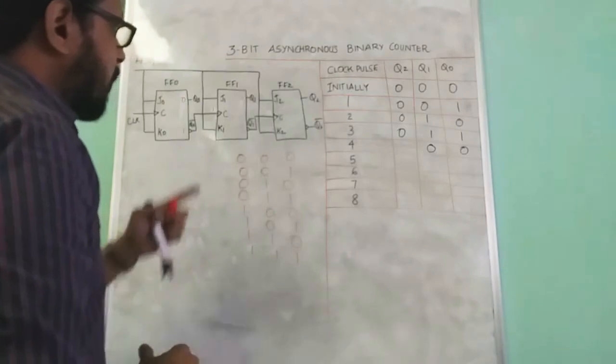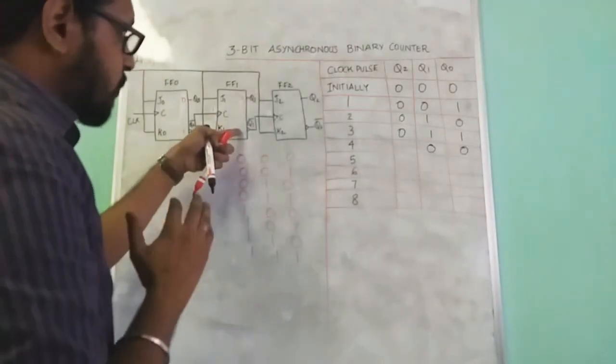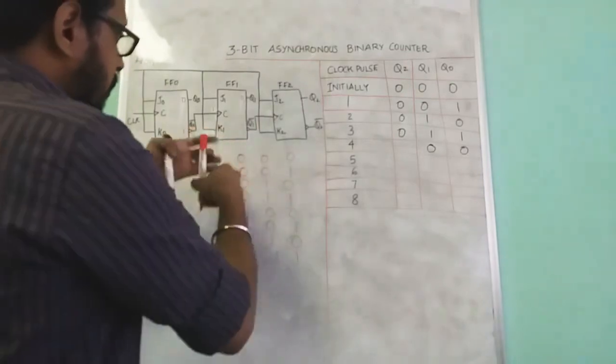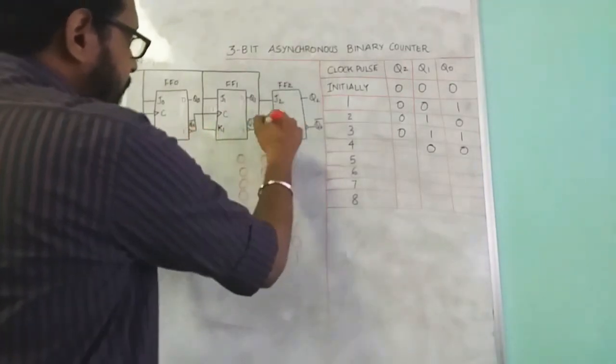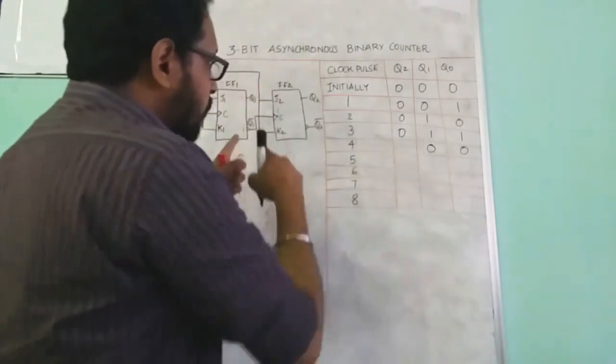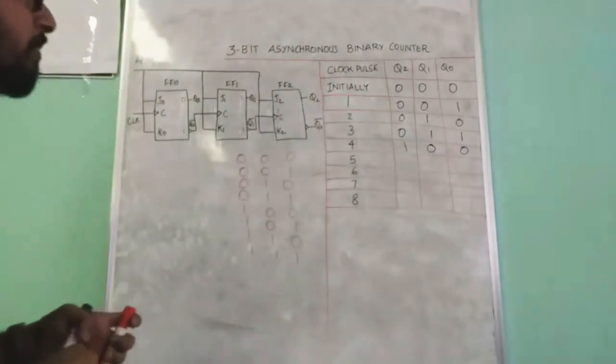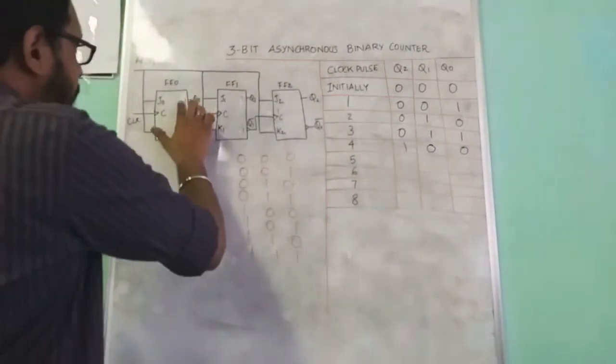Now this is 1. This 1 reaches here, again a change in Q2, because it's positive edge triggering. The value reached here is 1, so we get the value 1, 0, 0.